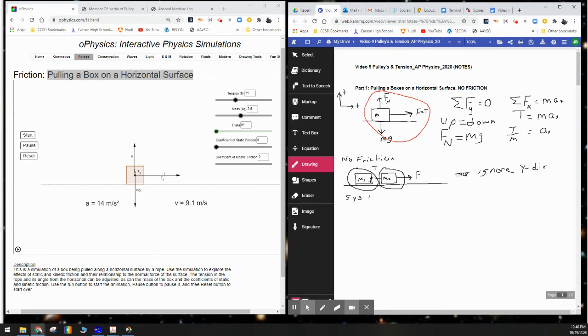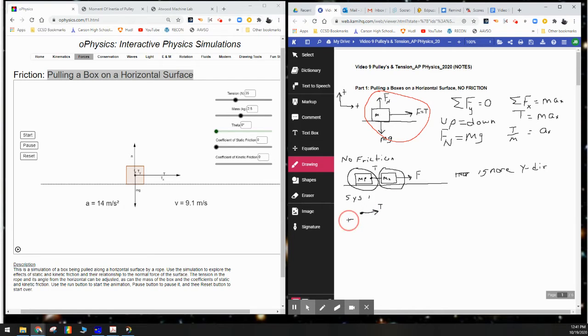So for system one, we're going to assume that all the forces act on this point mass, which could be the center of mass of this block. So we have tension acting in this direction with T, and I think that's the only force acting in the x direction.